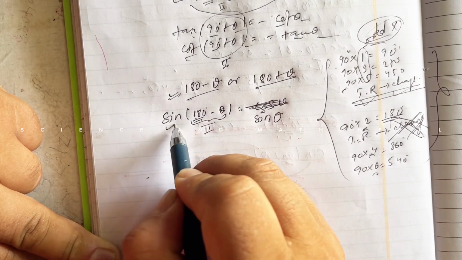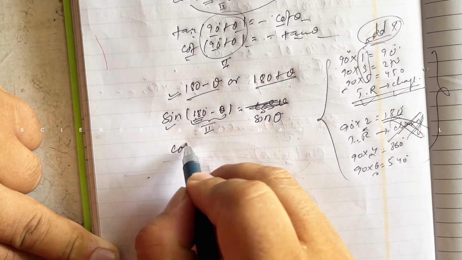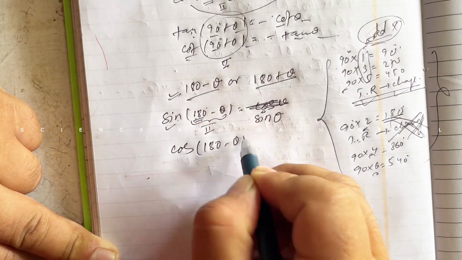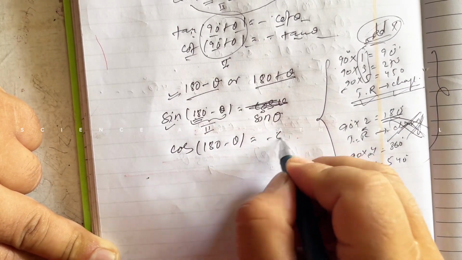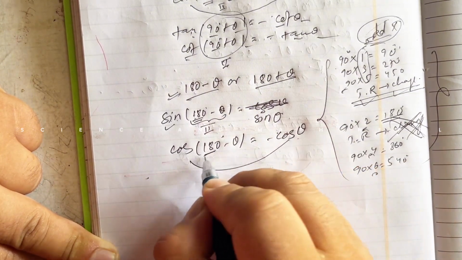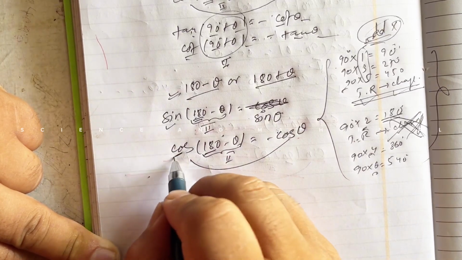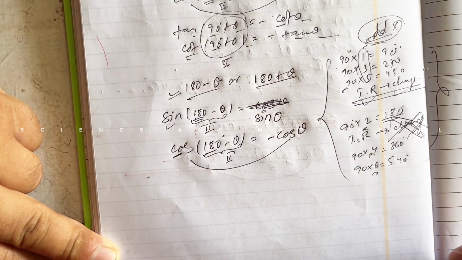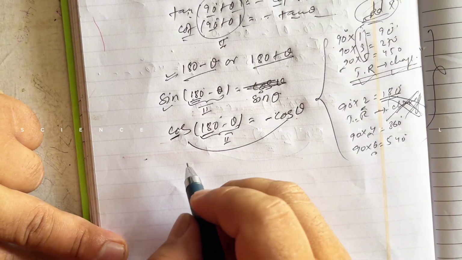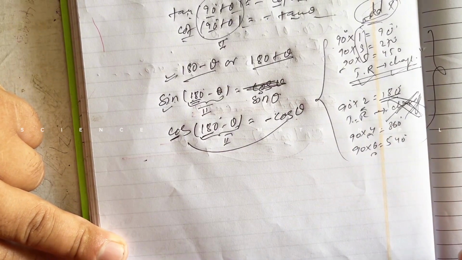In second quadrant, sine is positive, so sine 180 minus theta will be equal to sine theta. Similarly, cos 180 minus theta will be equal to minus cos theta. 180 degree is the even multiple, so cos becomes cos. 180 degree minus theta is in second quadrant, so the value of cos is negative, so we have here minus cos. In the same way, it goes for tan, cot, sec and cosec as well.